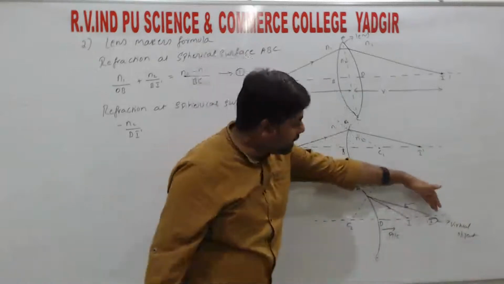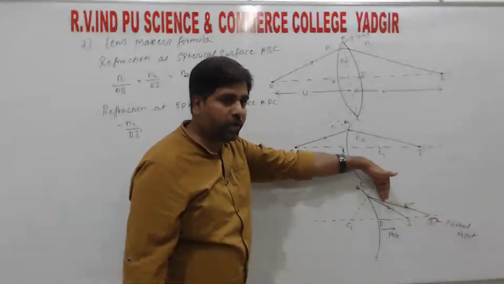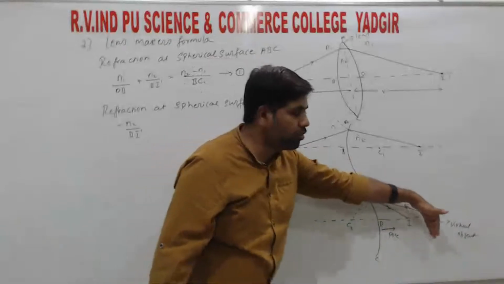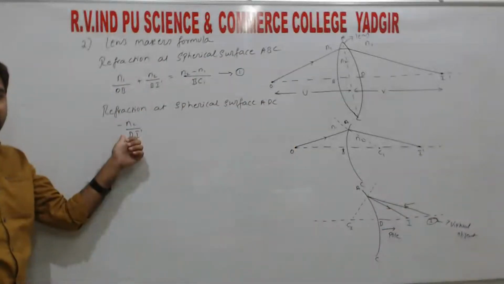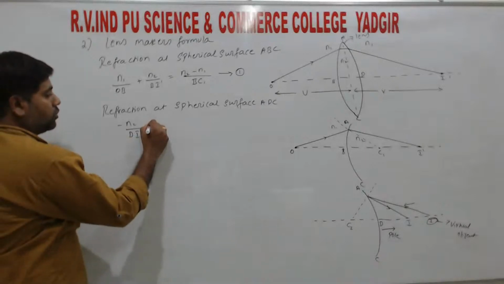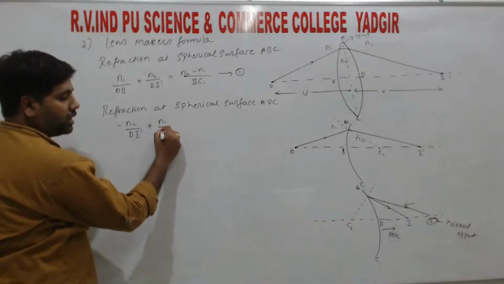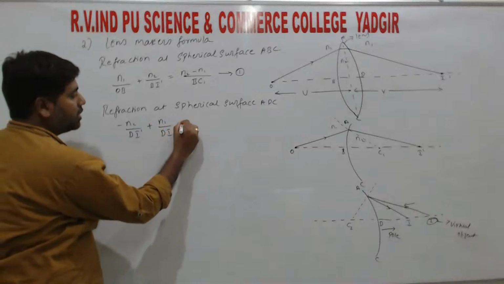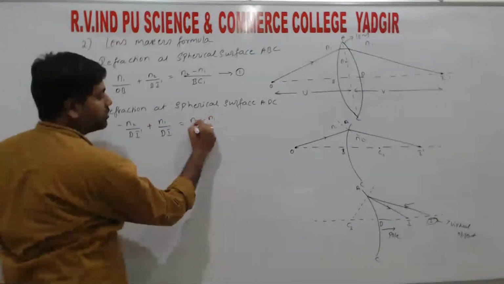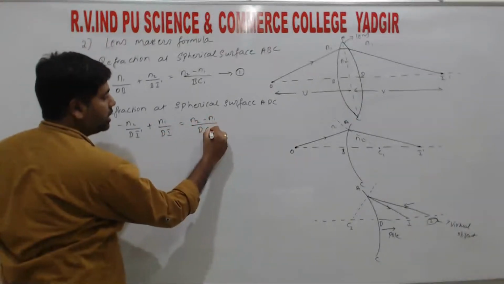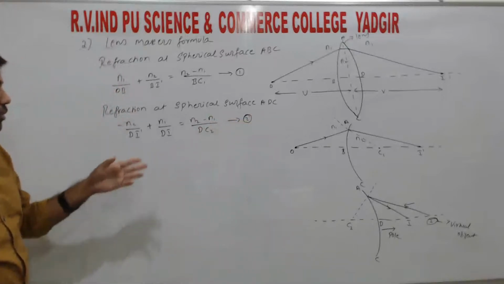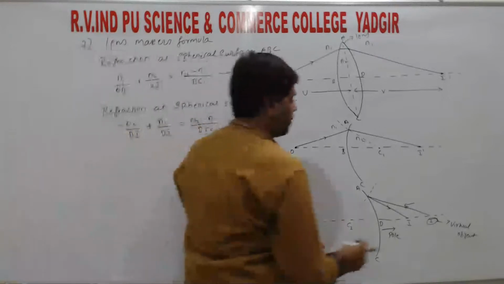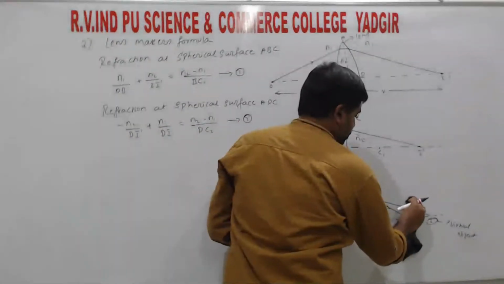The incident ray goes from left to right, but we are measuring right to left. Since the two are opposite, we take that as minus. So plus n1 divided by di equals minus n1 divided by dc. Calling this the second equation. You can give any name, but when writing it should be clear.